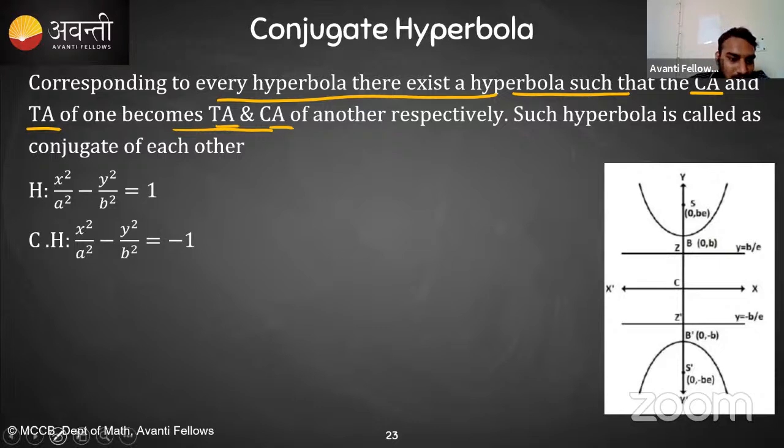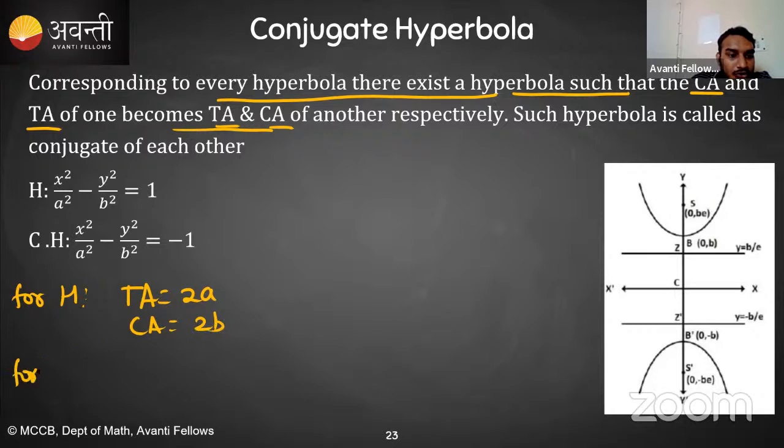So it means if your hyperbola is x square by a square minus y square by b square equal to 1, then the conjugate hyperbola will be x square by a square minus y square by b square equal to -1. Okay, you all have to remember this. So for the hyperbola, the length of the transverse axis is 2a, and the length of the conjugate axis is 2b.